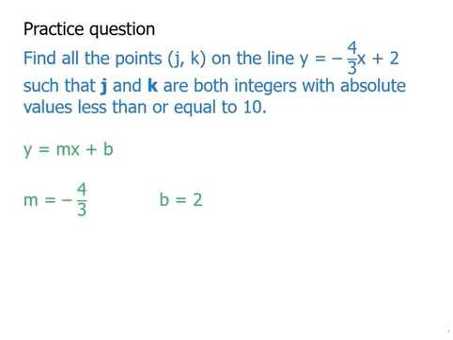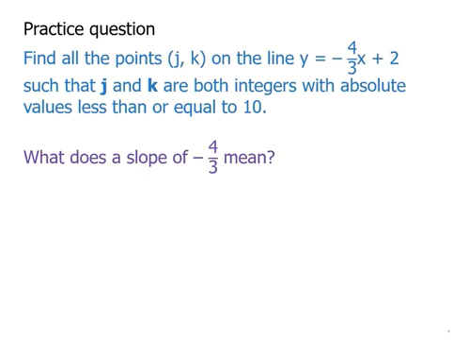The slope is negative 4/3. The y-intercept is positive 2, and so that's the point (0, 2). So that's one point that satisfies this condition. Both the coordinates are integers, and they both have absolute values less than or equal to 10.